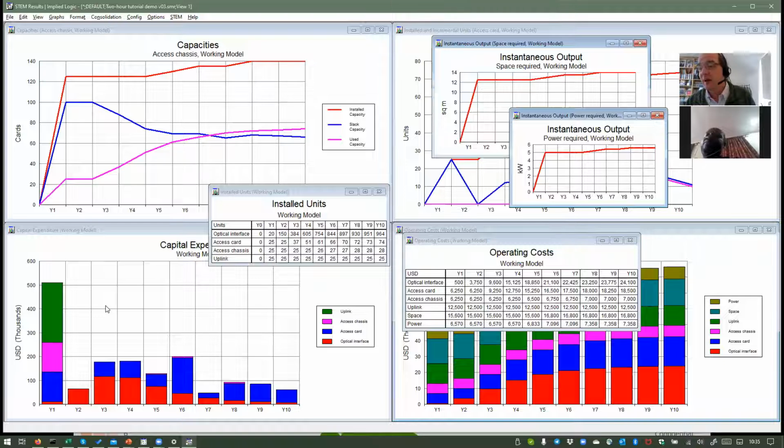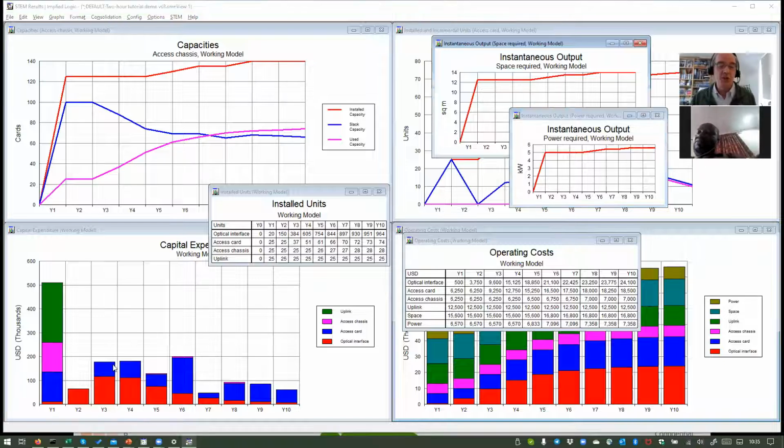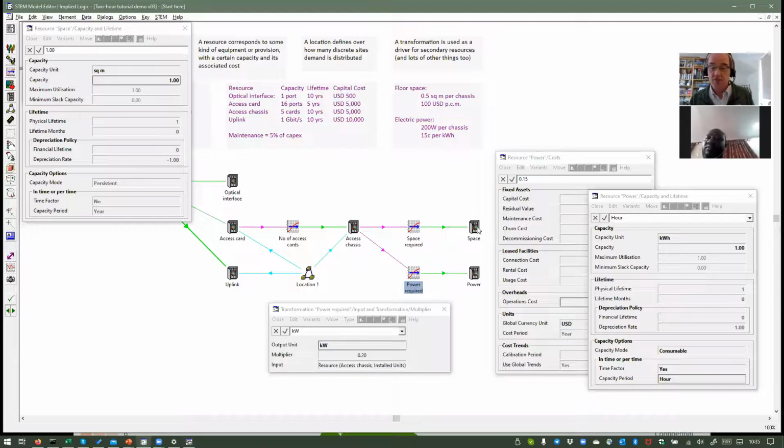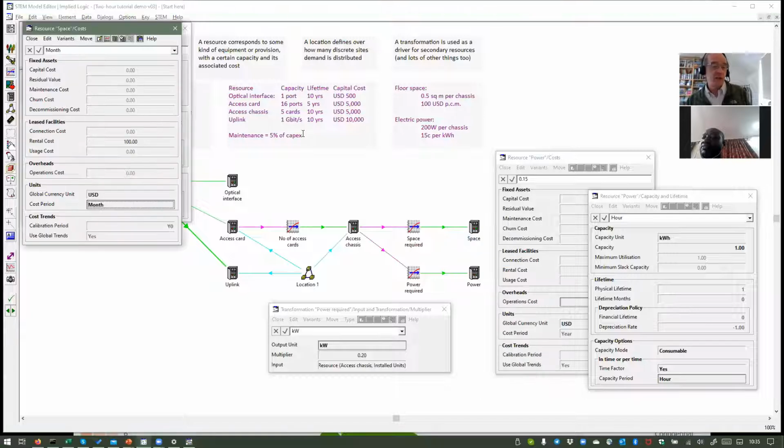Yeah, because there will be some admin. So if you wanted to, you could go to the space resource. And at the moment, the only cost is the monthly rental cost. There is actually a connection cost option, a fee, which would be a one-off, but I haven't bothered because that's just more complicated. I try to keep my demos as simple as possible because they already get pretty complicated.